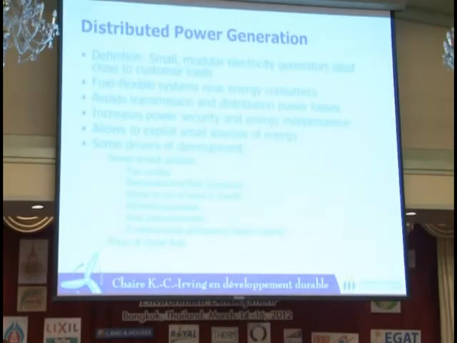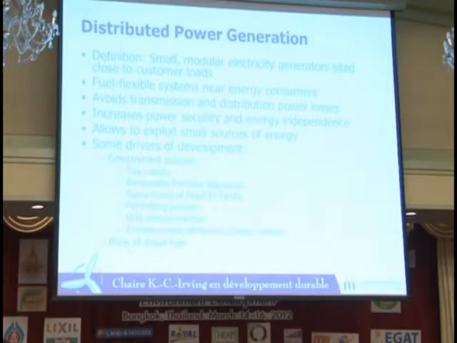So what is distributed power generation? Essentially, it is a small modular electricity generator sited close to customer load and also close to where the fuel is. And in this case, it's a fuel that is the wind, small hydro, biomass, tidal power, etc. So it's a fuel flexible system near consumers. By doing that you capitalize on the availability of a renewable energy source that is locally present somewhere.